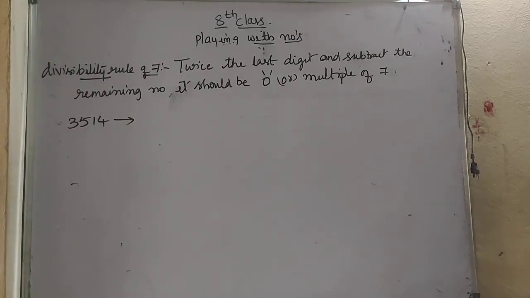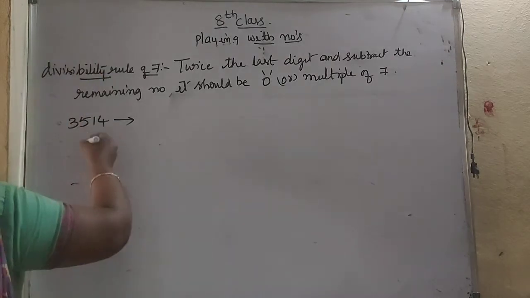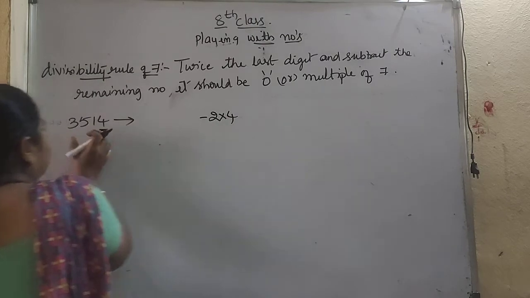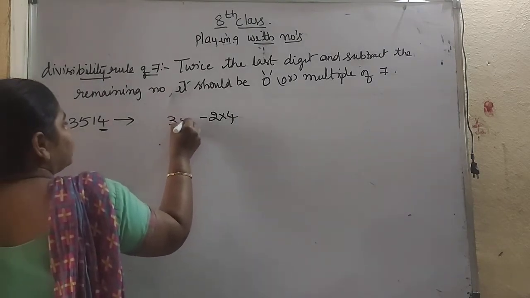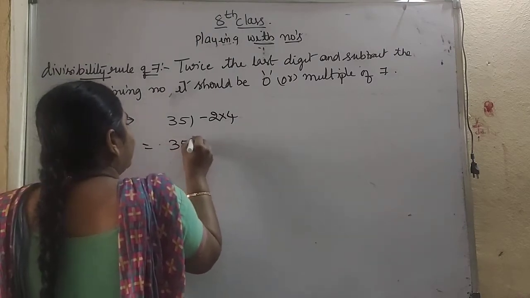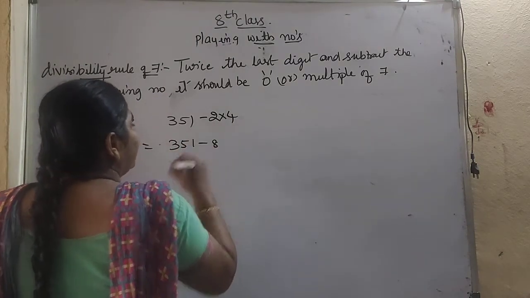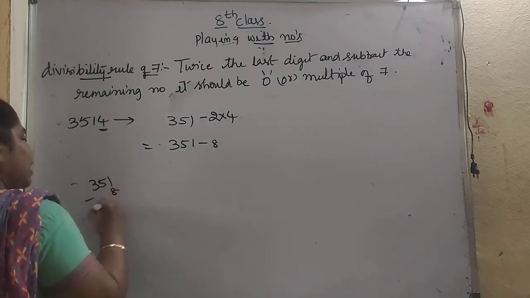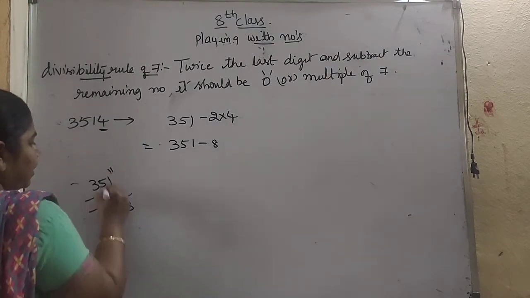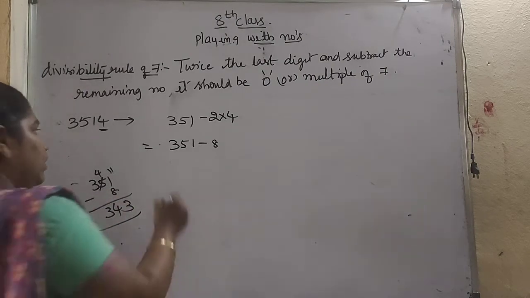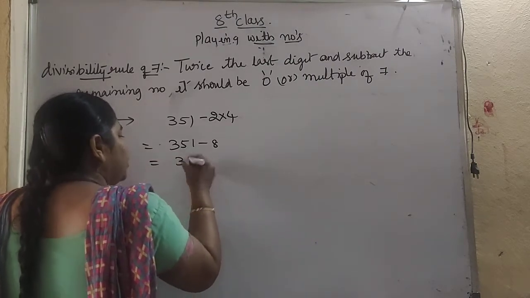We have to take twice the last digit, that is 2 times 4, and subtract it from the remaining number. That will be 351 minus 8, which is 343.